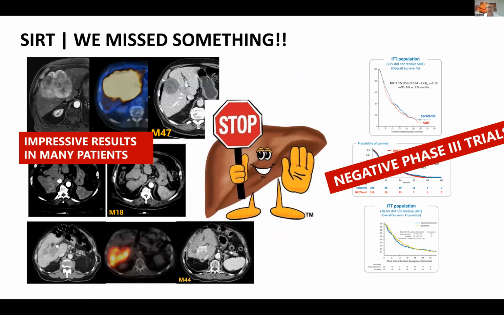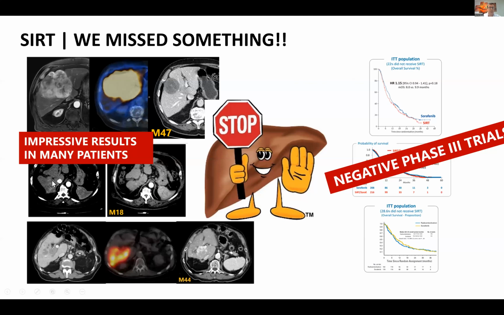And now if we go back to our daily routine practice, it's amazing to see that phase 3 trials are negative. But if we look at these patients, and these are not case reports, we have many, many patients like that with huge tumors, only one session of Y90, and a very good result. The patient is still alive years afterwards.